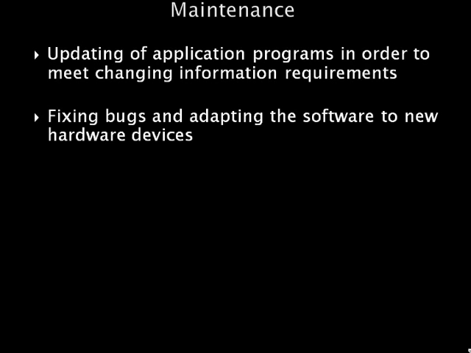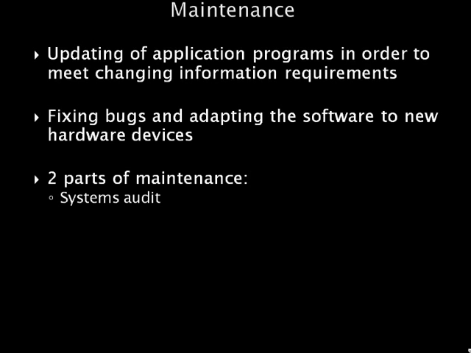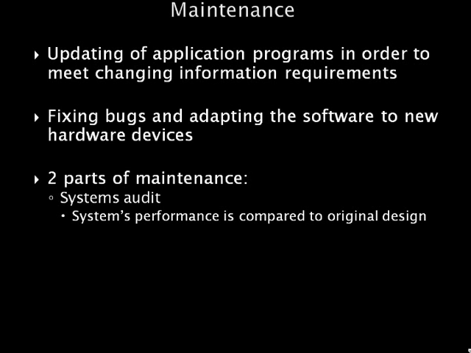Maintenance has 2 parts. A systems audit. That is, the system's performance is compared to the original design specifications. This is to determine if the new procedures are actually furthering productivity. If they are not, some further redesign may be necessary.